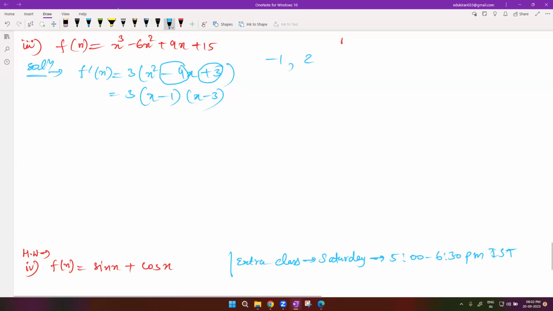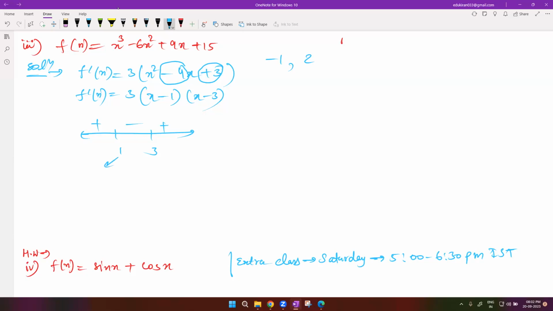Okay. You can directly draw the number line. You can start with positive, negative, positive. You can see that at x equals 1 the function increases, then decreases, and then decreases to increases.